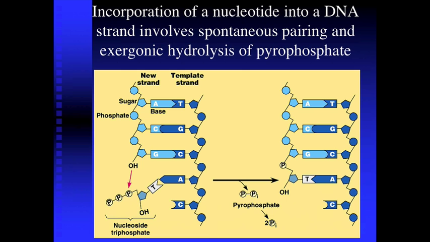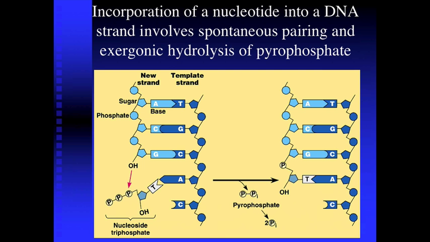The raw materials for replicating DNA exist in the nucleoplasm of the cell as nucleoside triphosphates, and these are going to give up a pyrophosphate, meaning we break off both terminal phosphates and end up with AMP, and likewise GMP, TMP, and CMP.